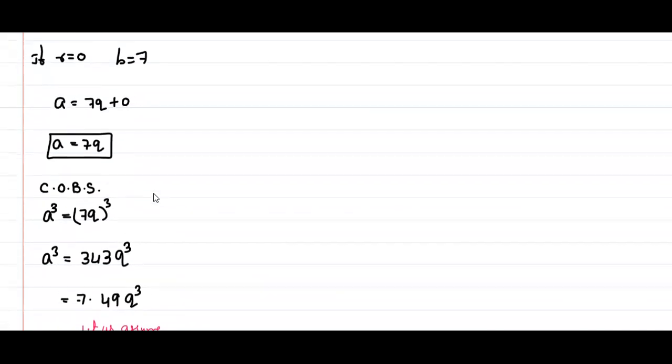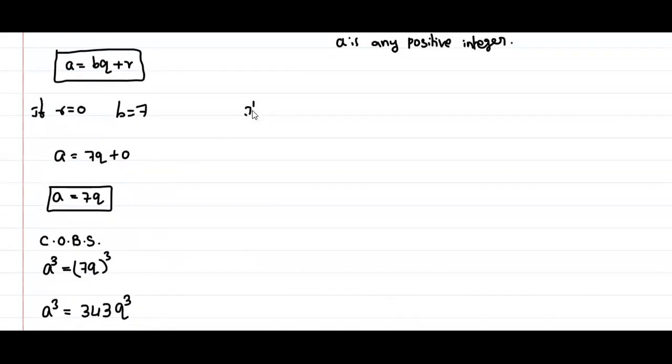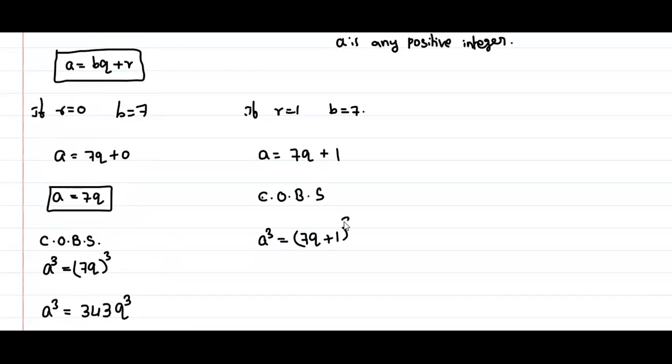Then if r is equal to 1 and b is equal to 7, a is equal to 7q plus 1. Then cubing on both sides, a cube is equal to 7q plus 1 whole cube.